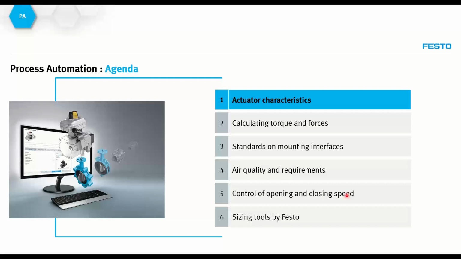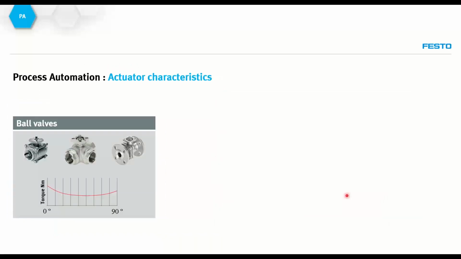Let's start with the actuator characteristics and how we see the actuator torques, curves, and forces to select our actuator for our process valves. We start with the torque curves of the process valves to understand the behavior of the torque requirements.